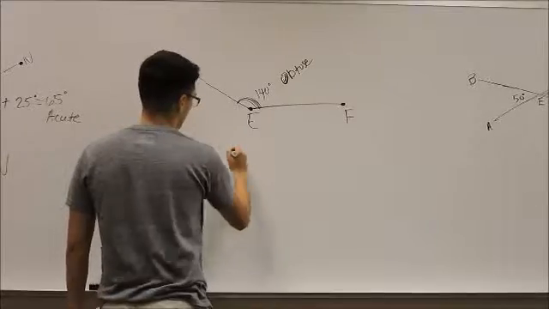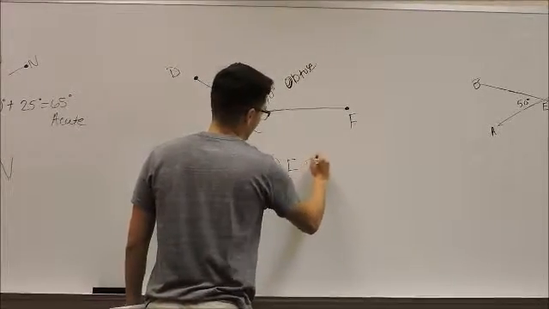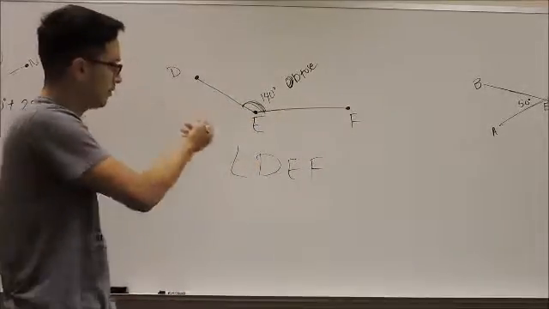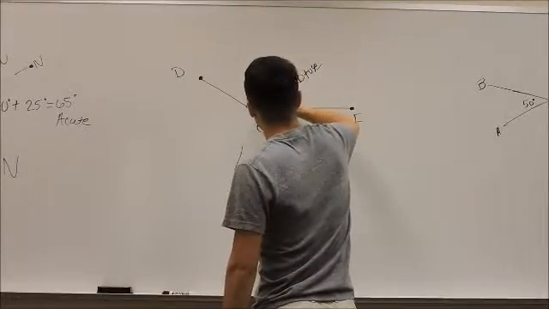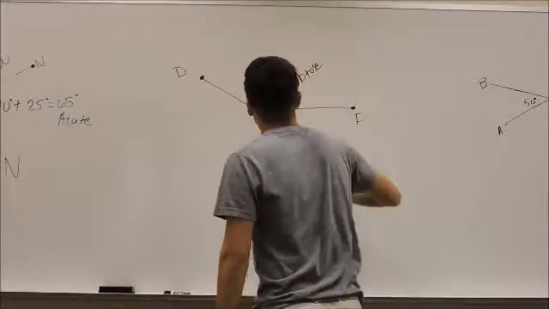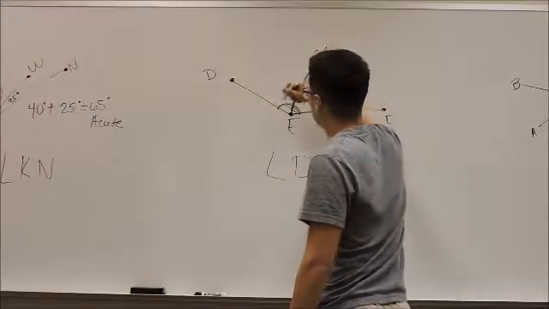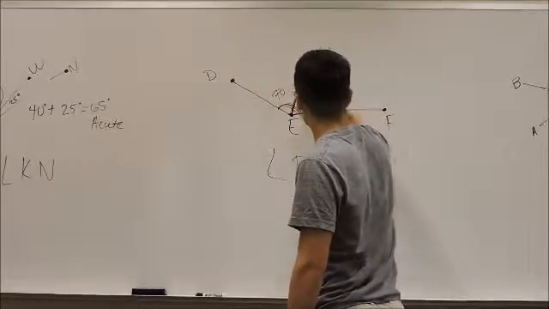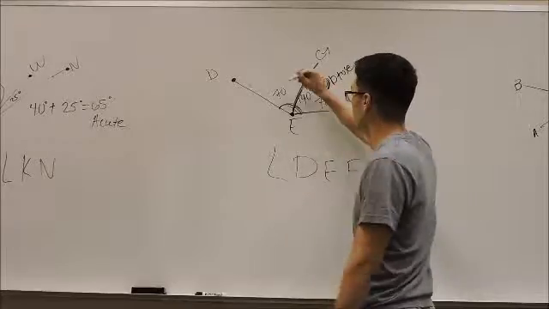This is angle DEF, or FED. But if we put a bisecting line here in the middle, this breaks it up to DF, let's put G. So this is 70 degrees, and this is 70 degrees, because 70 plus 70 is 140.